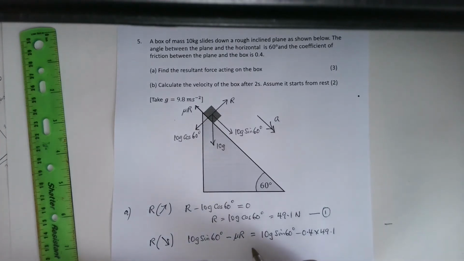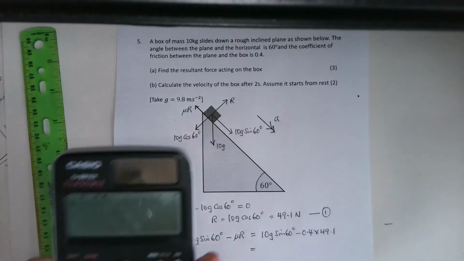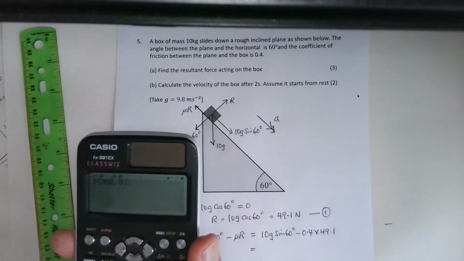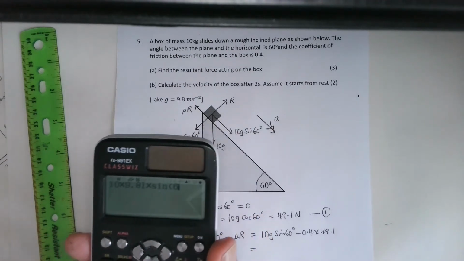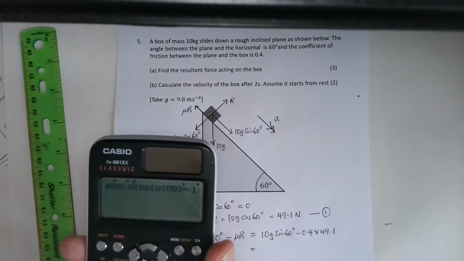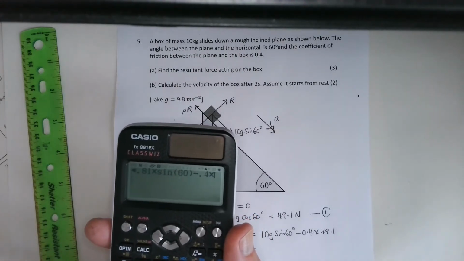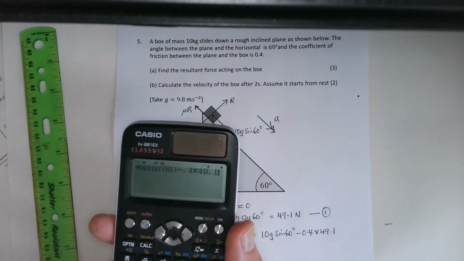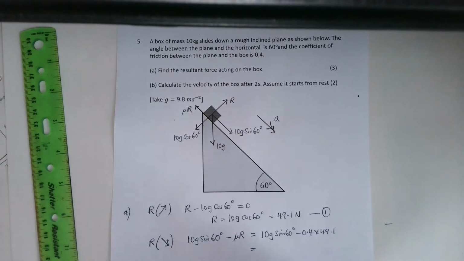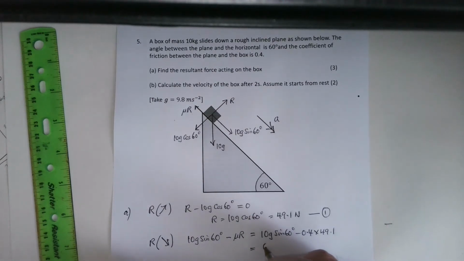If I plug these numbers into the calculator, I get 10 times 9.81 times sine 60 minus 0.4 times 49.1, and that turns out to be 65.3 newtons. So 65.3 newtons, and this is the resultant.